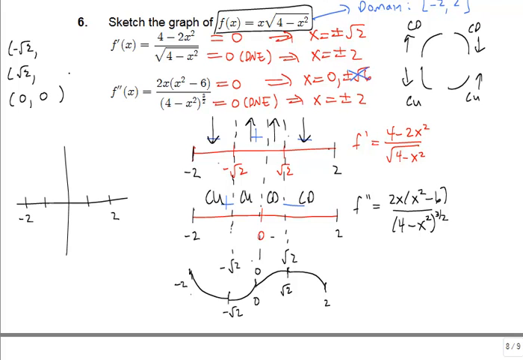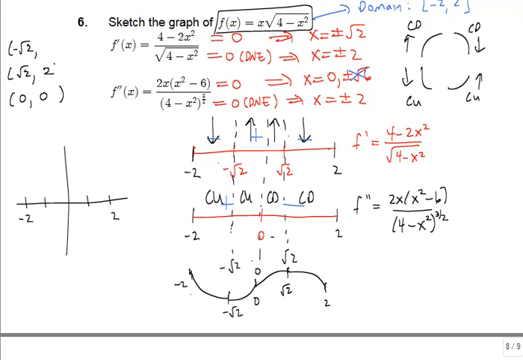At root 2, you'll get root 2 times square root of 4 minus root 2 squared, which is just 2. 4 minus 2 is 2, so it's like a root 2 times a root 2, which will be a 2.